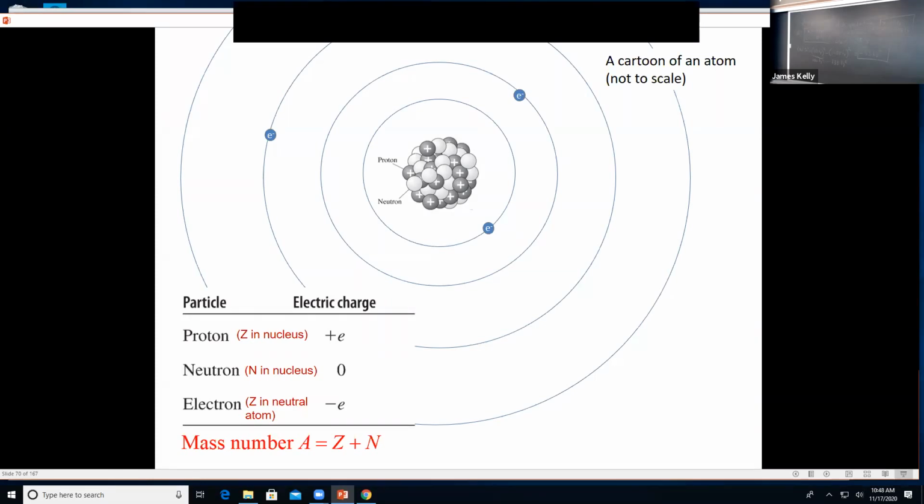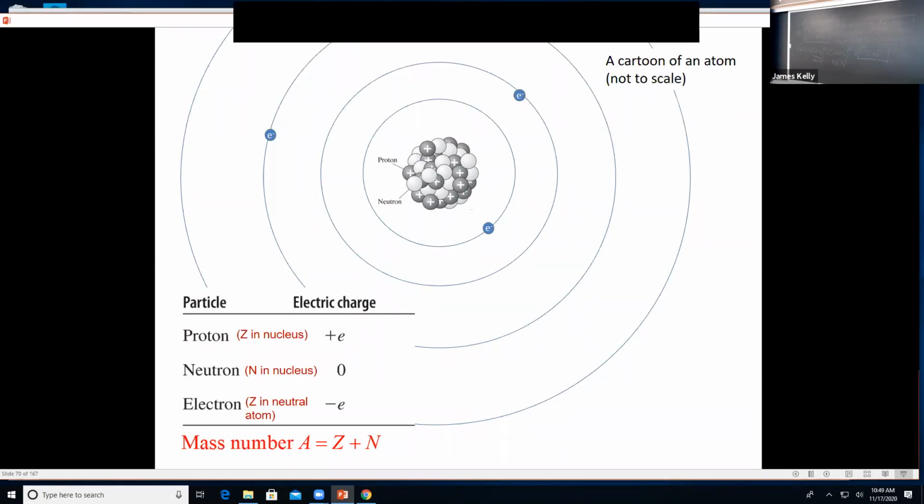Now, concentrating on the nucleus, what we're concerned with is this thing called the atomic mass number, which is just the sum of the number of protons plus the number of neutrons. The motivation for that is that the mass of a proton and the mass of a neutron are almost the same. The mass of an electron is really small compared to that. I can't remember, it's 1/2000th of the mass of a proton.